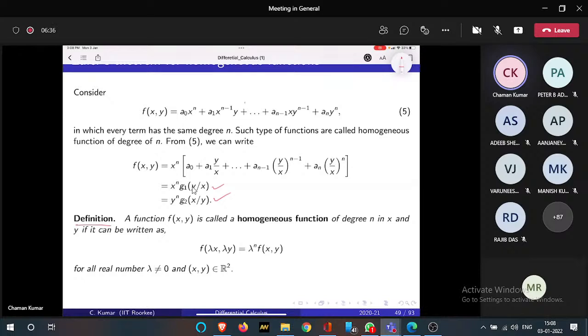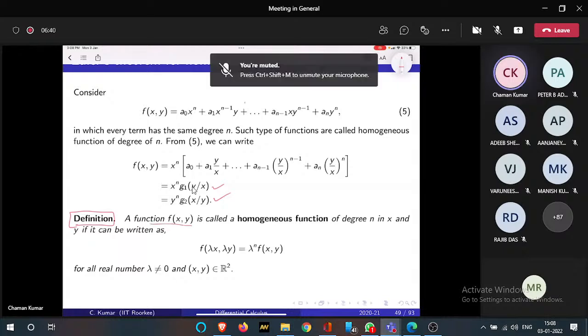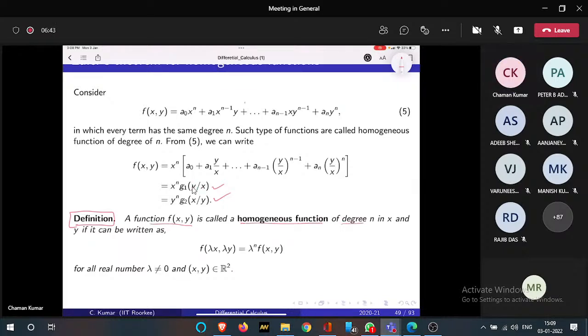Now we have another way to say the same thing. A function is called a homogeneous function of degree n in x and y if this equality holds: f evaluated at lambda x, lambda y is the same as lambda raised to n times f evaluated at x, y, where lambda is not 0.